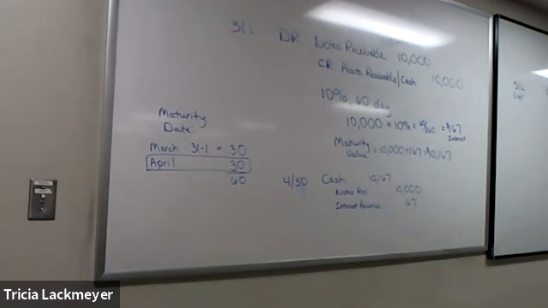Remember book value? What's the formula for book value? Cost minus accumulated depreciation. Perfect. Cost minus accumulated depreciation. This book value is the value reported on the balance sheet.